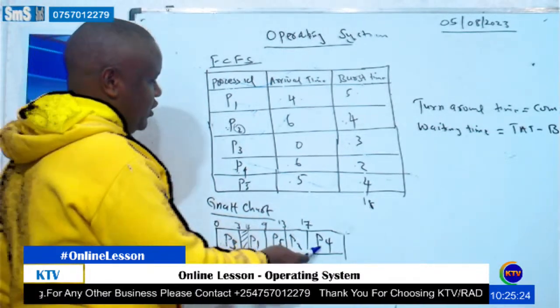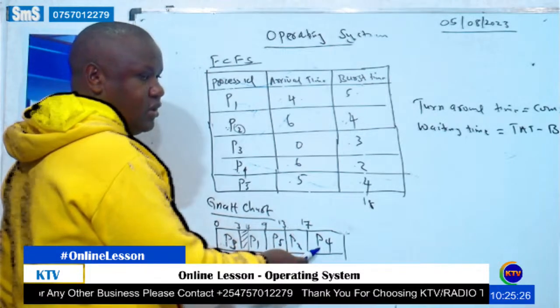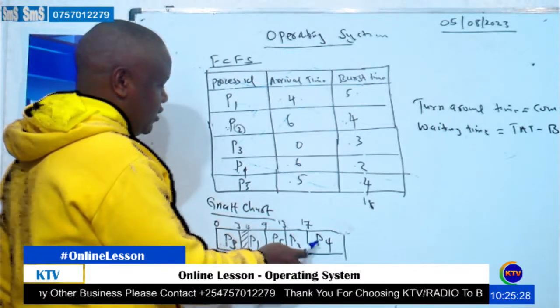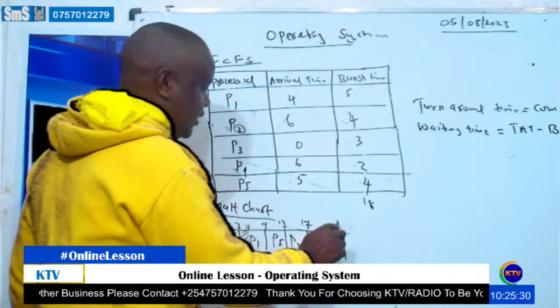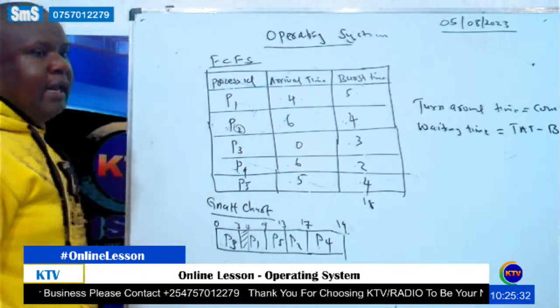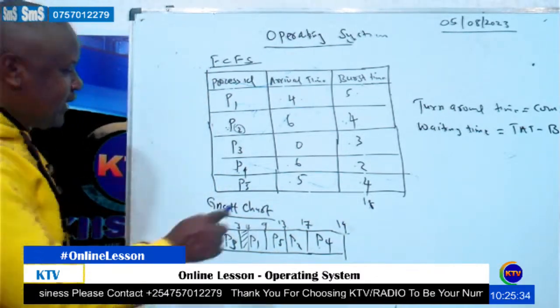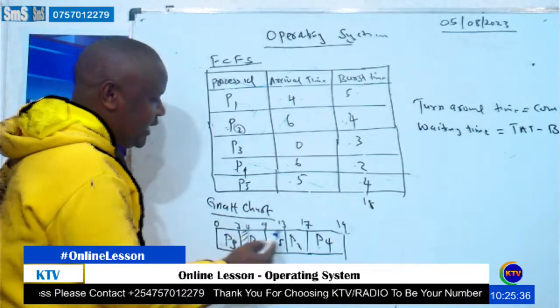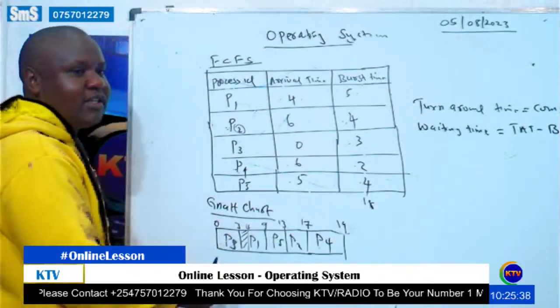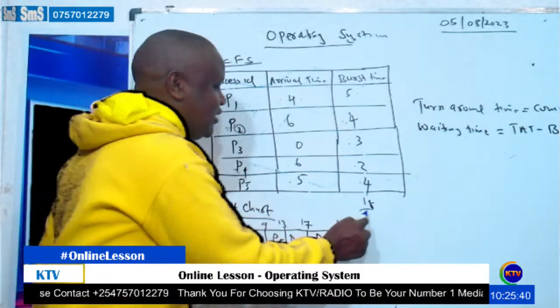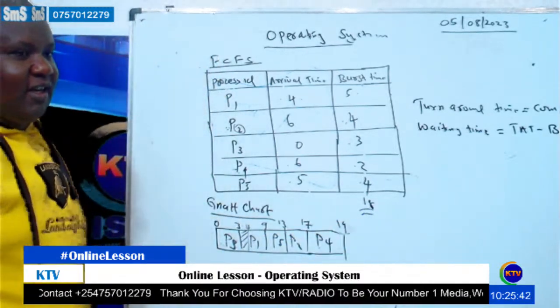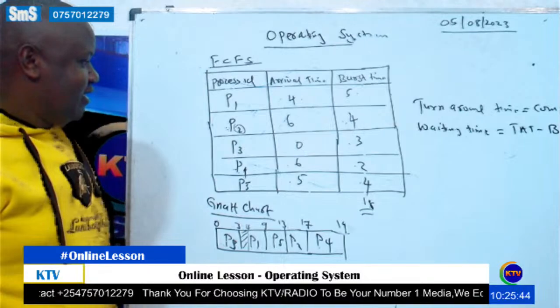Then process 4 took 2 minutes, so it completes at 19. So it is 19 less 1 millisecond, which was when the CPU was idle. Now we get 18. Are you getting what I'm saying?